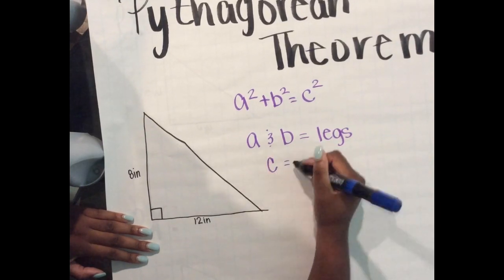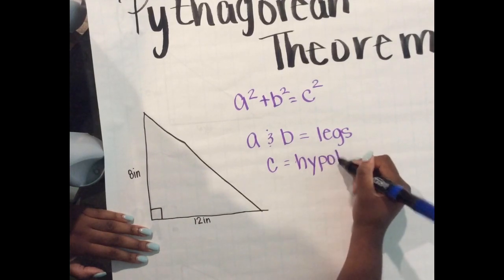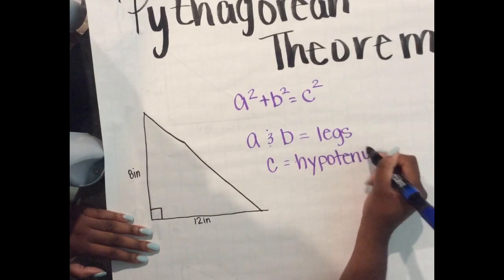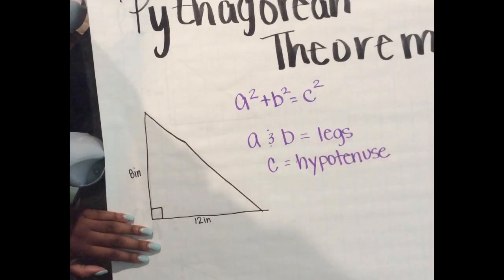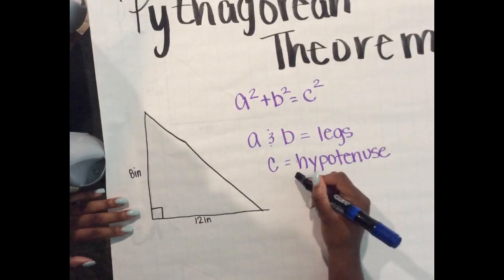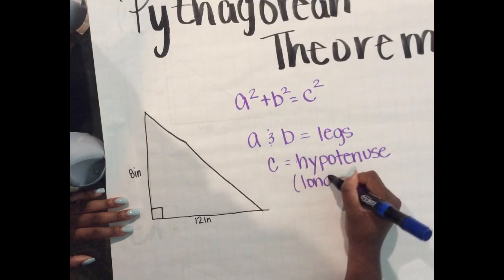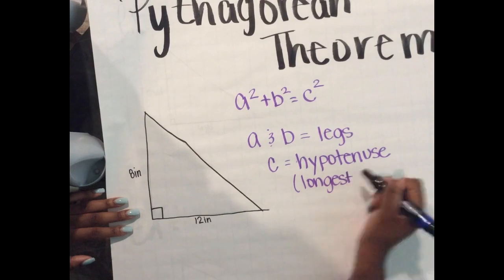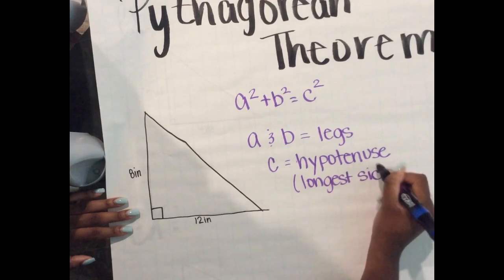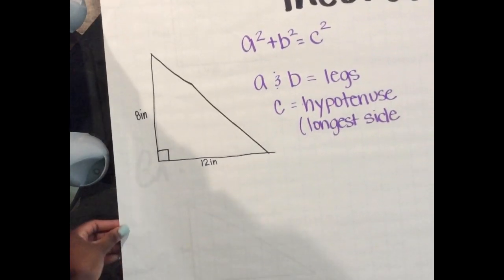C is your hypotenuse. Okay? And it's always your longest side. Okay? So let's look at our triangle.